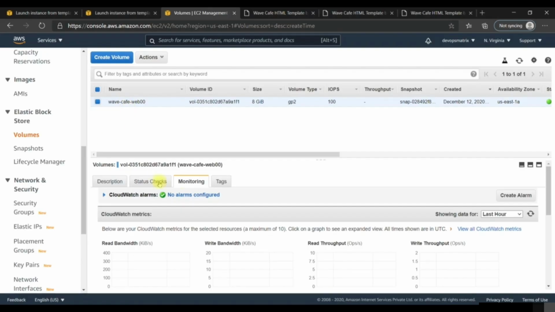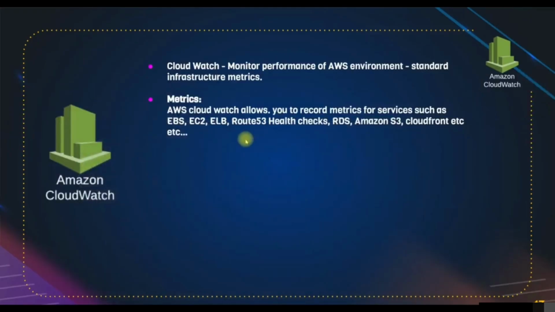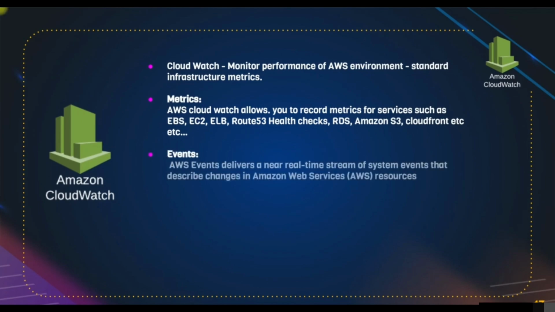Likewise, if you go to the volumes section, if you see your volumes, a volume will also have monitoring, and there will be metrics for volumes as well. Read bandwidth, write bandwidth, read throughput, write throughput. So you take any service that you're using in your AWS account, it will have metrics, which will be set by CloudWatch.